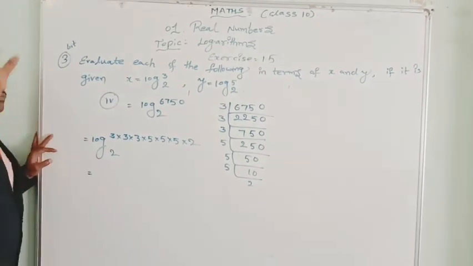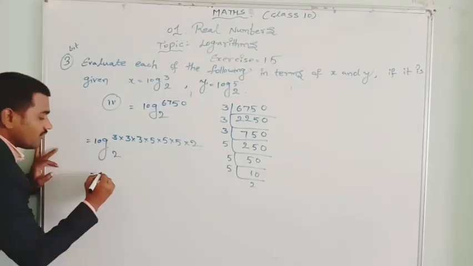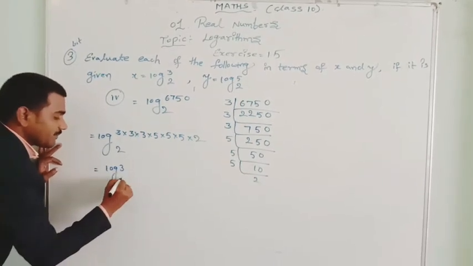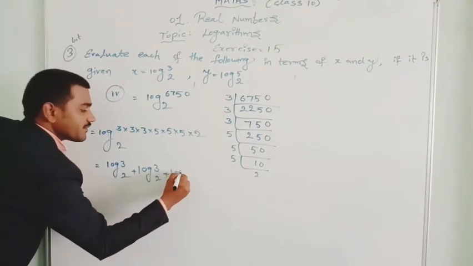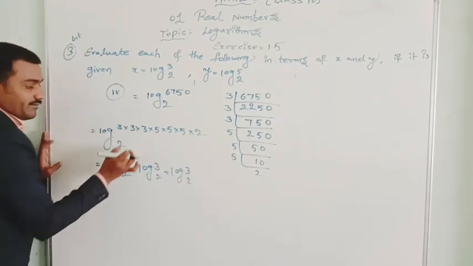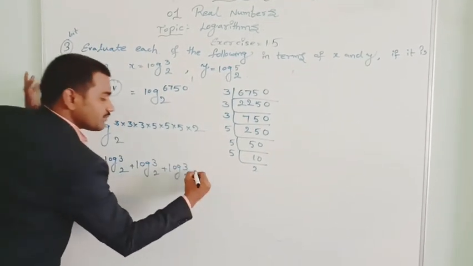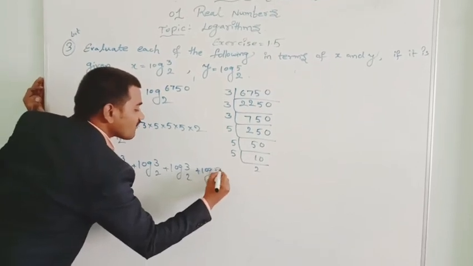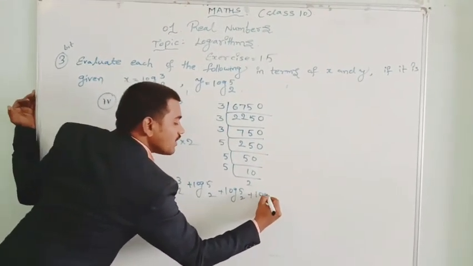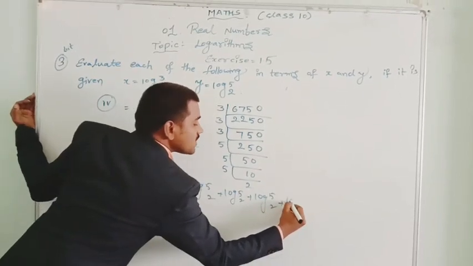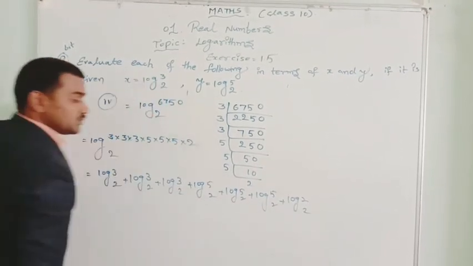Same formula, use it. Now we go for log 3 base 2 plus log 3 base 2 plus log 3 base 2. These three are completed. Next, log 5 base 2 plus log 5 base 2 plus log 5 base 2 plus log 2 base 2.